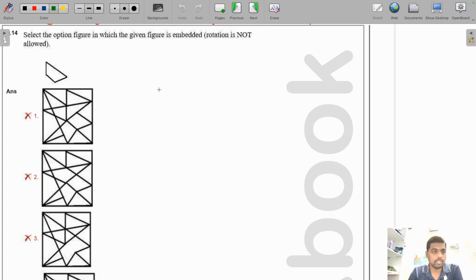Let us solve the next question. They are asking in which option figure the given figure is embedded. If you see, the options are clumsy, always do it in the last only so that you can save the time.